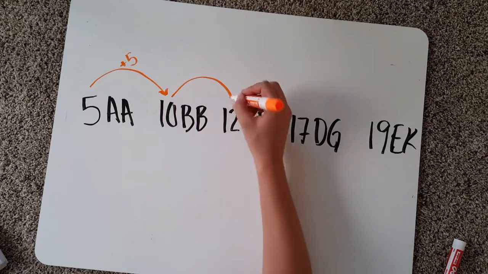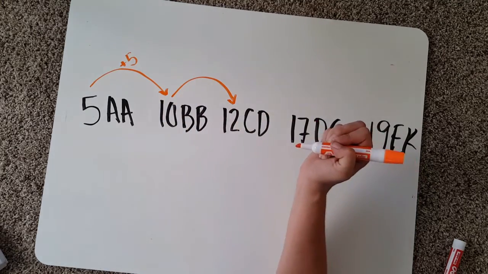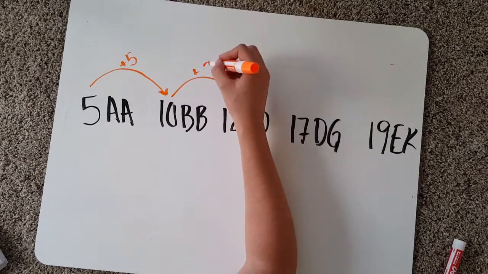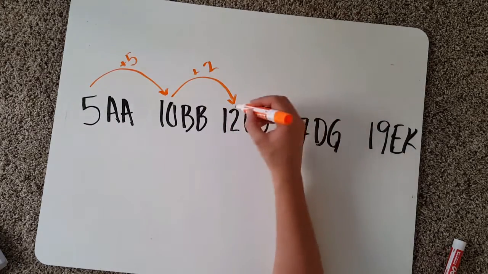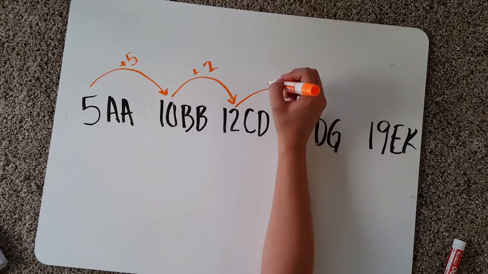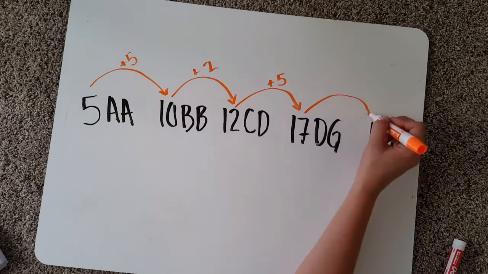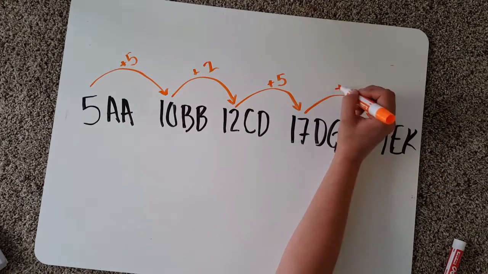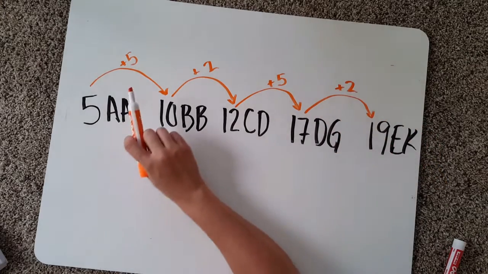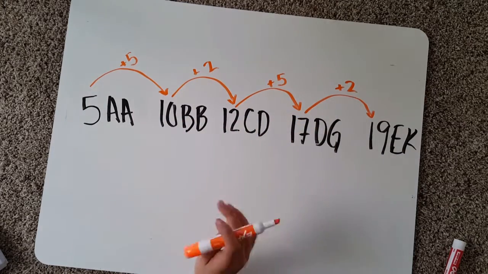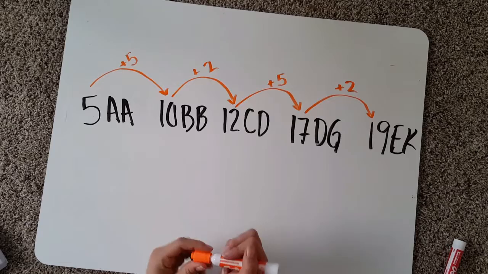And then 10 to 12. Goes up by 2. 12 to 17. Increase it by 5. And then 17 to 19, we increase it by 2. So our pattern is increased by 5, then 2, by 5, then 2, and so on for the numbers.